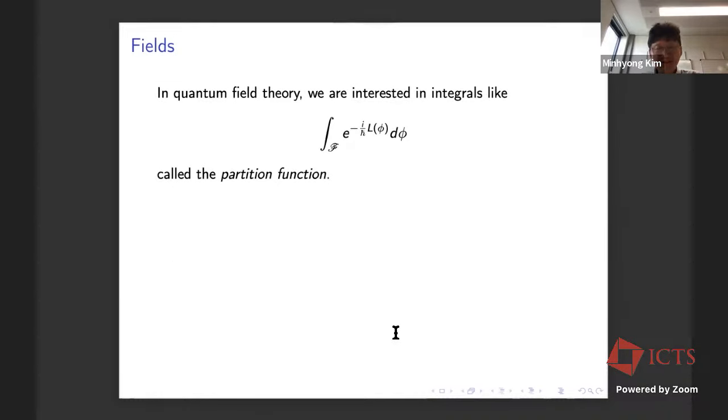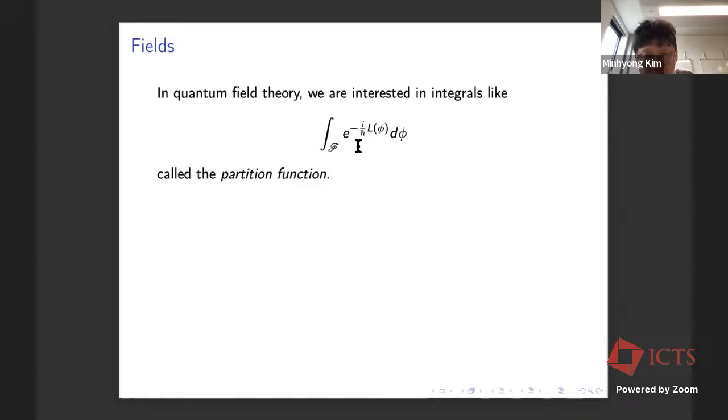In quantum field theory, you are not just interested in actions and these equations of motion or critical points of actions. You're interested in integrals like this. So this is the action up here, L phi. That's some number, and you exponentiate it with some suitable constant. Exactly what constant is not important for the purposes of a talk like this.